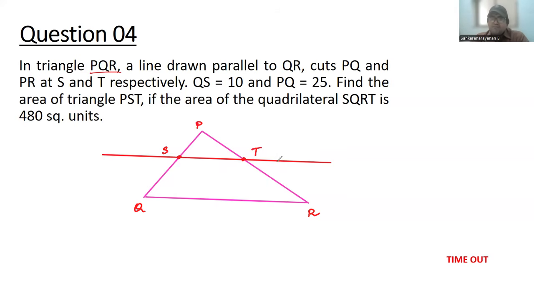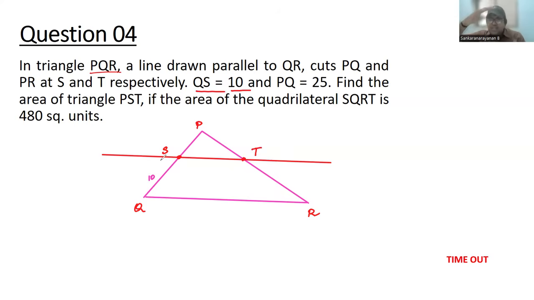So I have considered the triangle PQR, and I'm drawing a line which is parallel to QR. It is cutting PQ and PR at S and T respectively. Up to that point, I have taken care. Now it is given QS is equal to 10 and PQ is equal to 25.